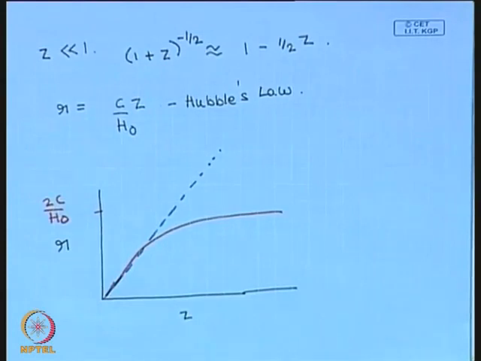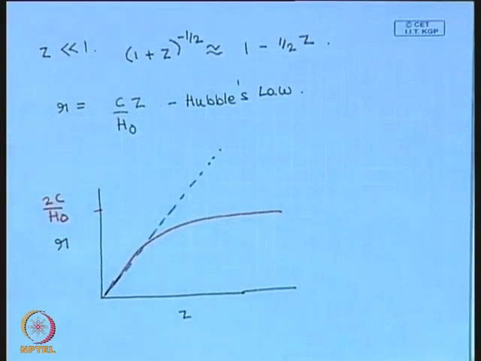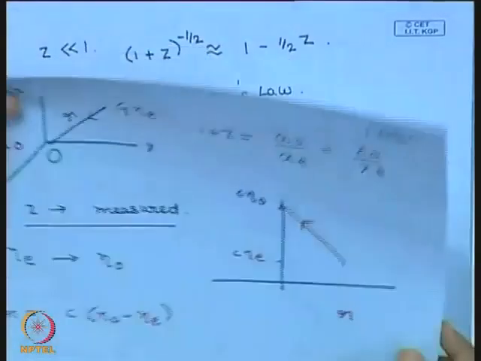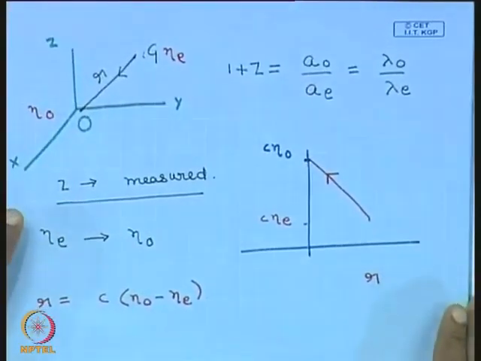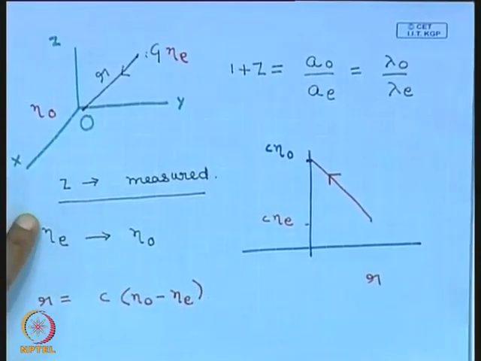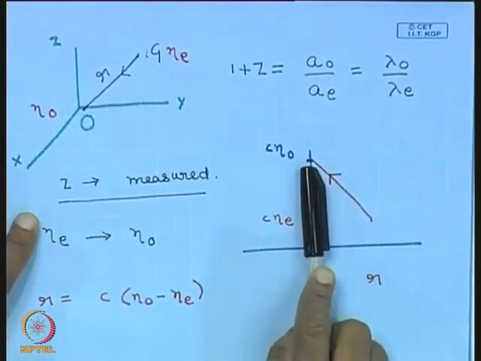What is the interpretation of this? Well, to understand the interpretation of this, let us go back to our space-time diagram. So this is the observer.